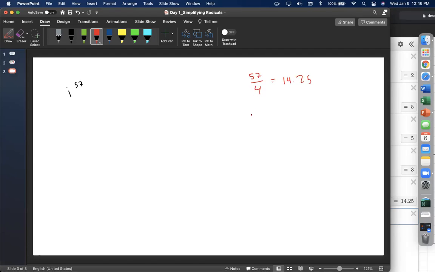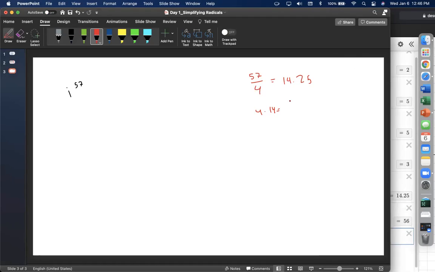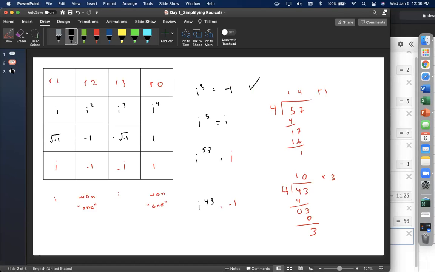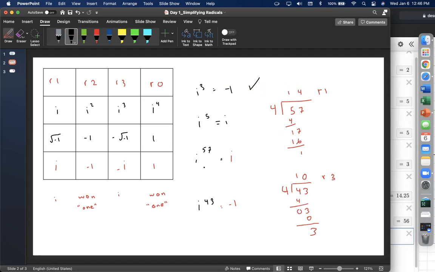So we are going to round down to 14. 4 times 14 equals 56. So we are going to say that 57 is equal to 56 plus 1. So this means our remainder is 1. Anything with a remainder of 1 is equal to i. And that is exactly what we got here.